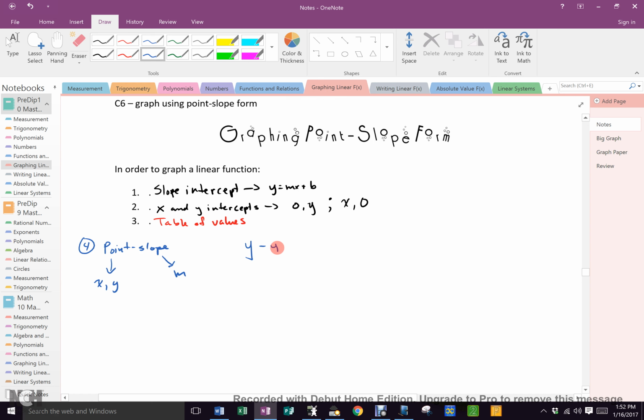And this is what it looks like. Y minus y1 equals m times x minus x1. And y1 and x1 are known points on the graph. Okay? And here's how it works.